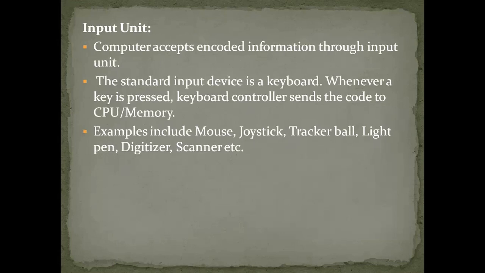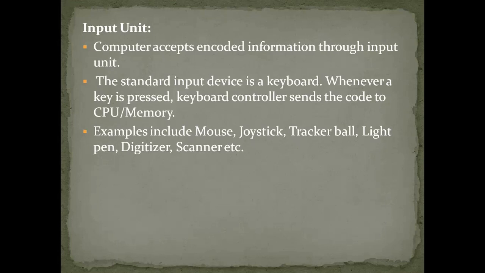First unit, the input unit. The computer accepts the input through any input device, and the inputs are converted into binary form. The major standard input device is the keyboard.